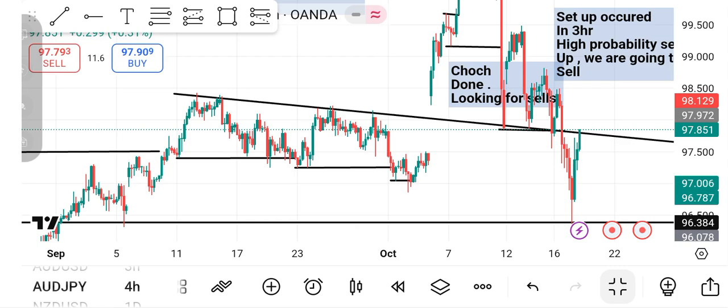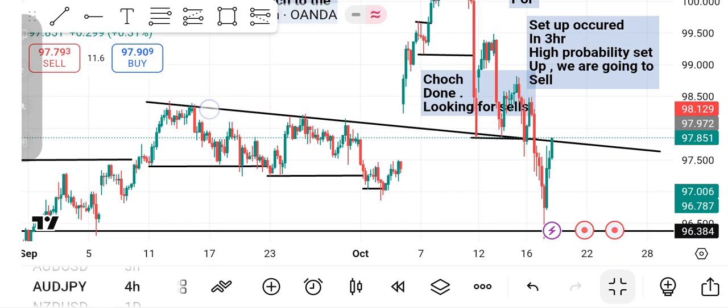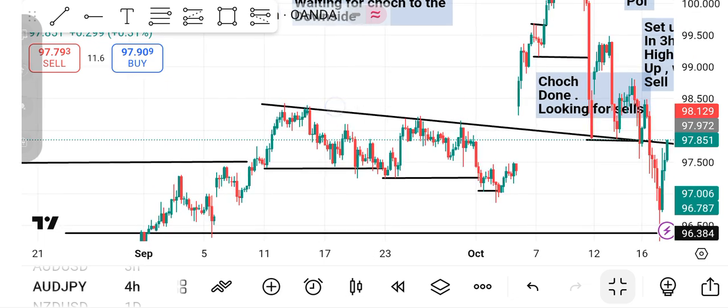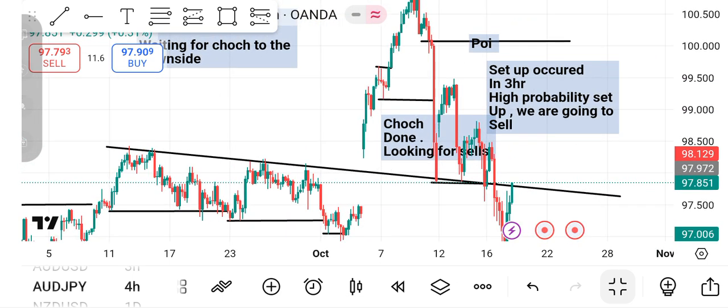That is for price to form a liquidity at your discount zone or at your premium zone and clear it. Then wait for a CHOCH, which is a change of character, and start to buy or sell, right?